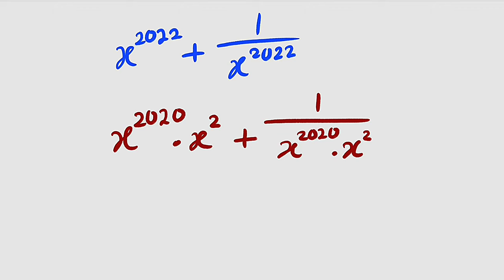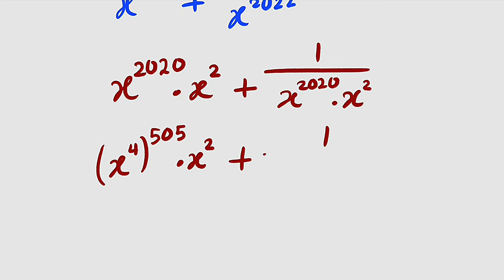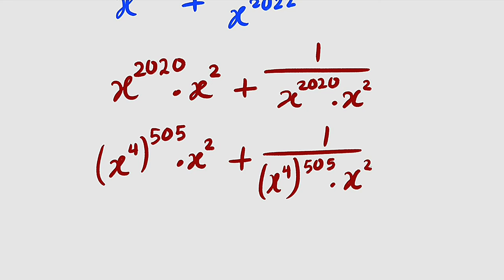Another thing you should know is that 2020 is the same thing as 4 multiplied by 505. So we can write this as x to the power of 4, raised to 505. But don't forget the x squared. Plus, do the same thing here. We have x to the power of 4 raised to the power of 505 multiplied by x squared.